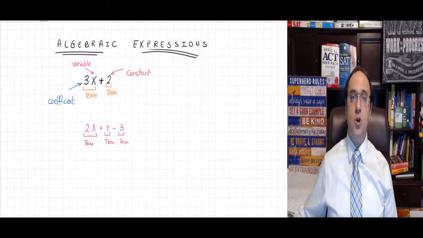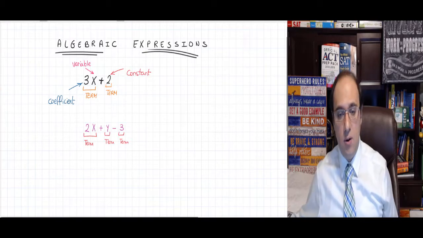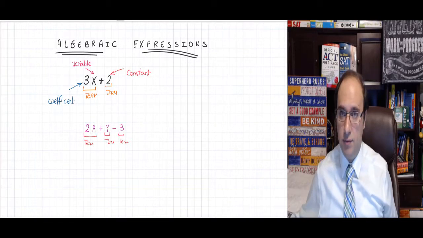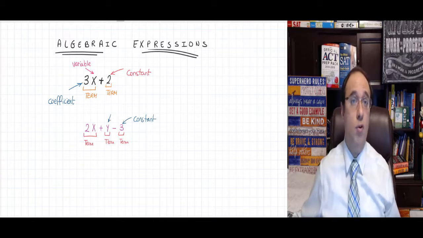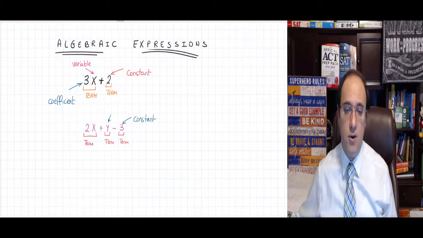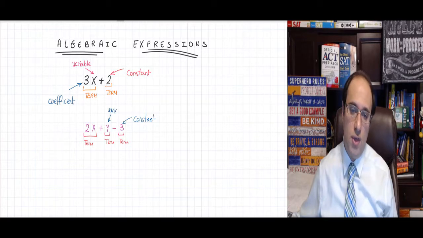But each one of these terms also has other names. The 3 right here is a number all by itself, so it's called a constant. The y right here is a letter by itself. Since it's a letter, it's called a variable. So the x right here is a letter also, so it's also called a variable.